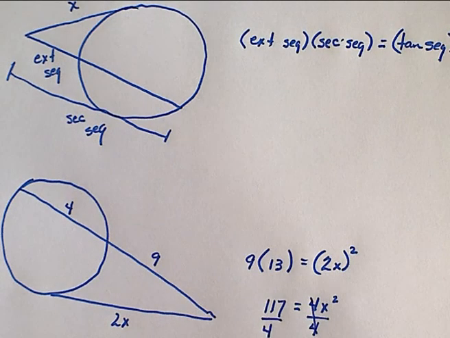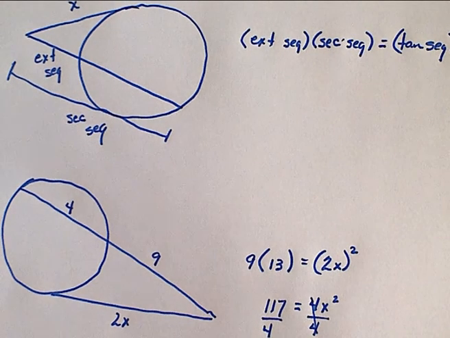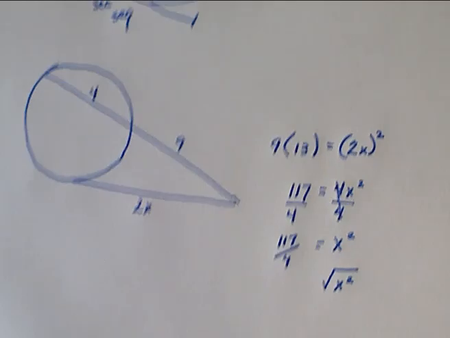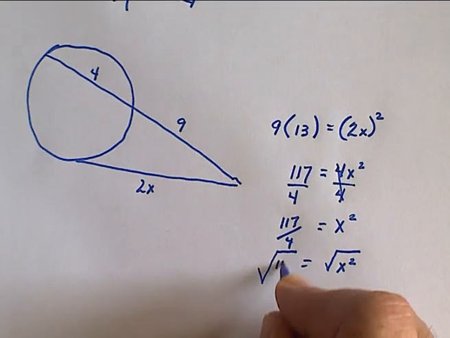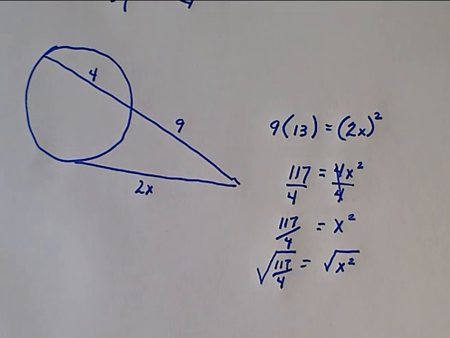So x squared equals 117 over 4. And then I'm going to square root both sides. And I can't do anything to the top because 117, well, I am going to be able to simplify it, but this is going to become the square root of 117 over the square root of 4.